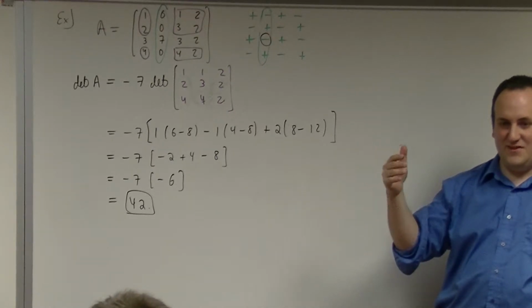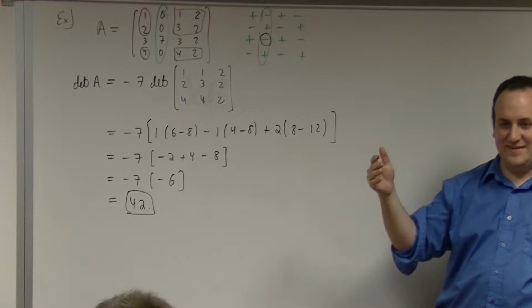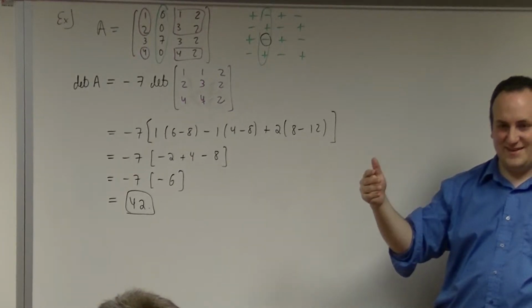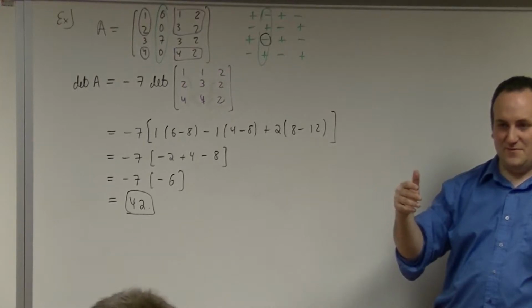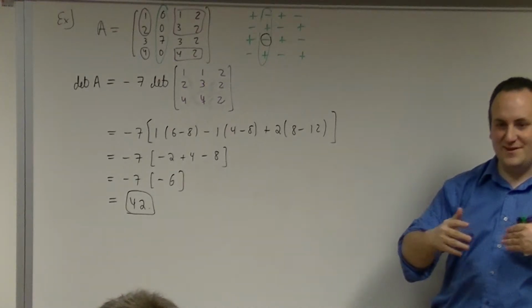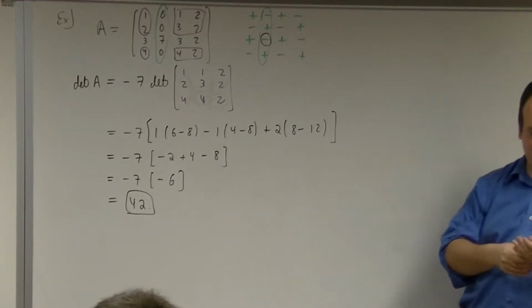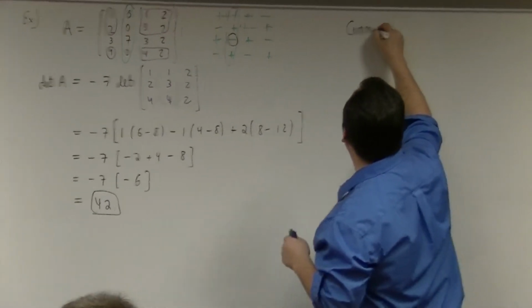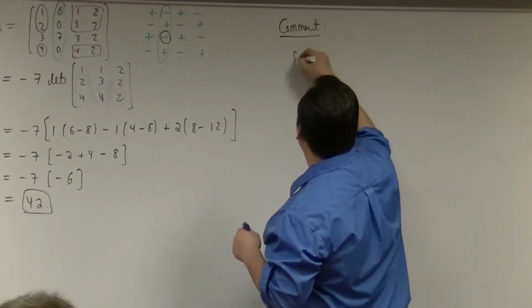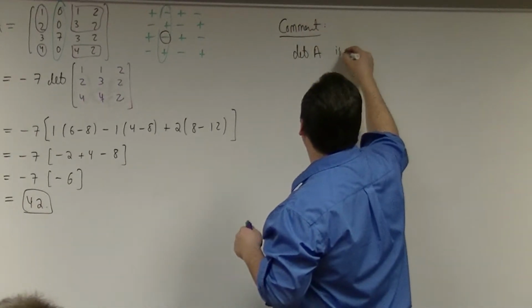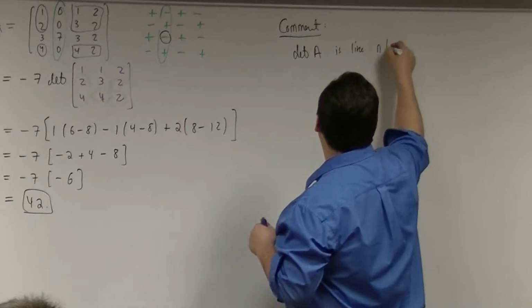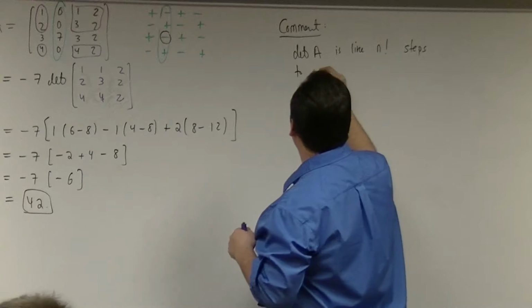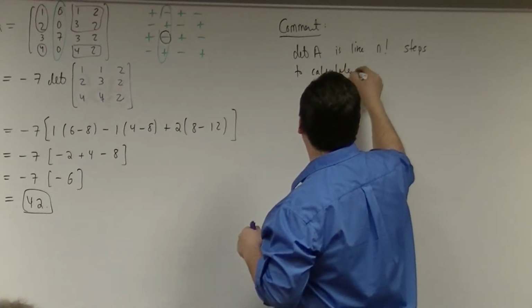Then each one of those, you do a cofactor expansion that gives you n minus 2 determinants, and then n minus 3 determinants to calculate. So as you can see, I'm glad you asked this question, so here's a comment for you. Determinant of A is like n factorial steps to calculate. It's very expensive computationally.